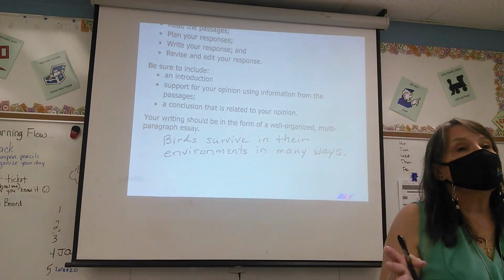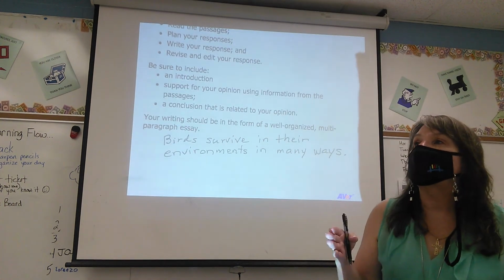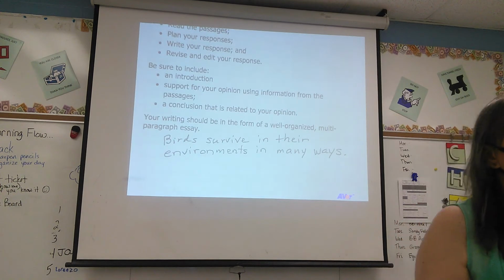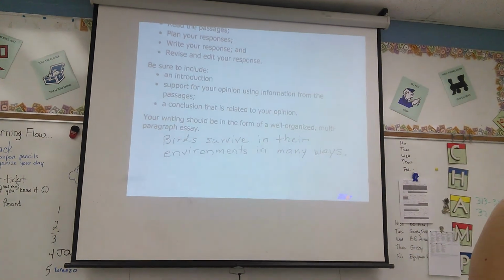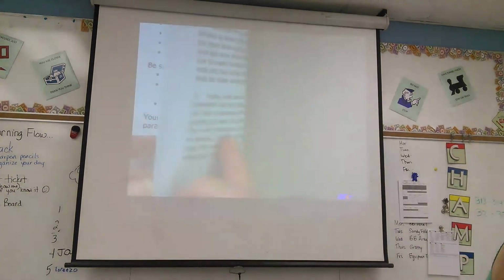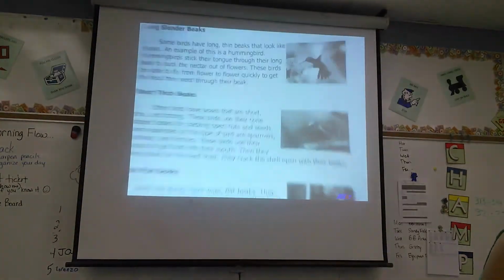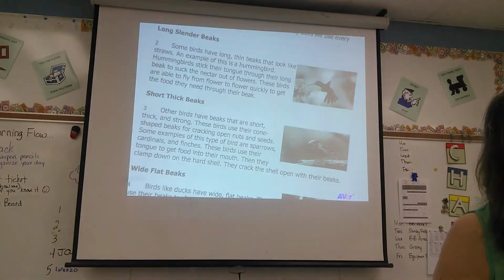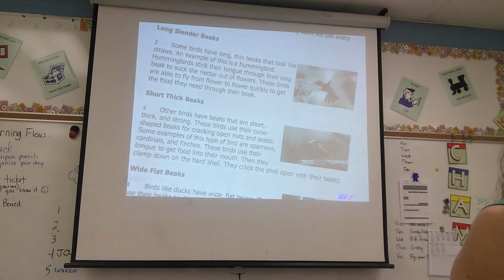So our next step, and I'm probably going to give you about 25 minutes to get this done. Your next step is to read the text set. Now, as you read, remember, you're going to want to write. You're going to want to stop because this is where we practice what we learned in our reader's workshop.